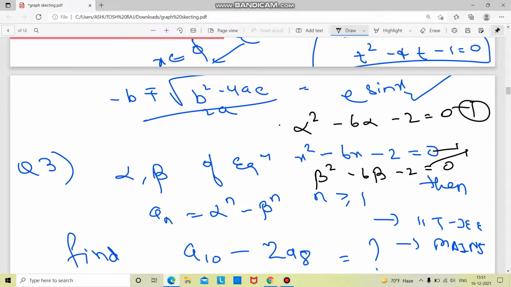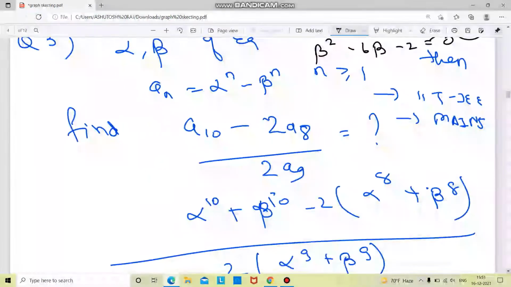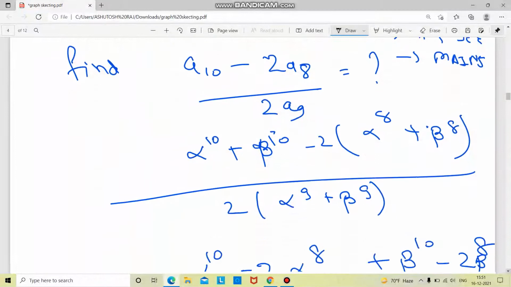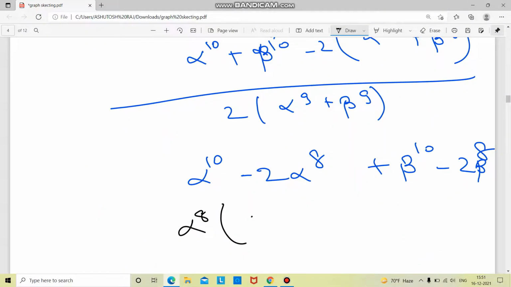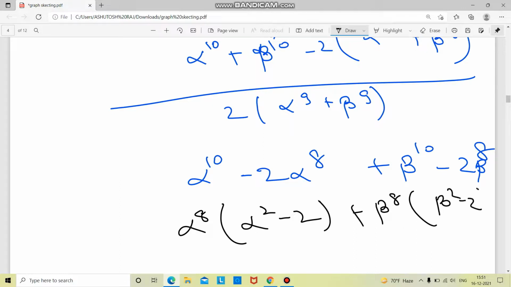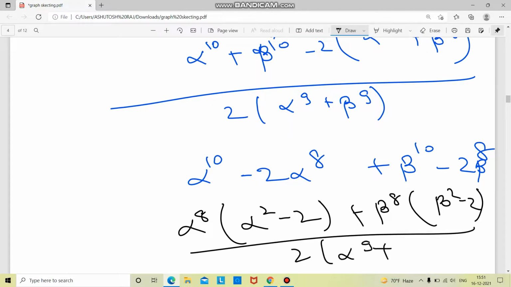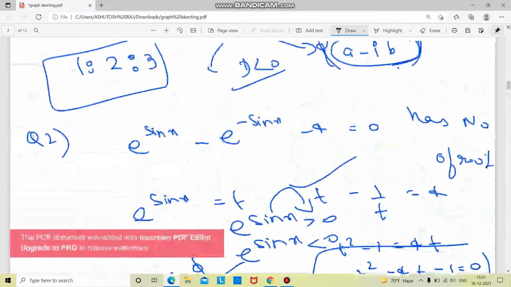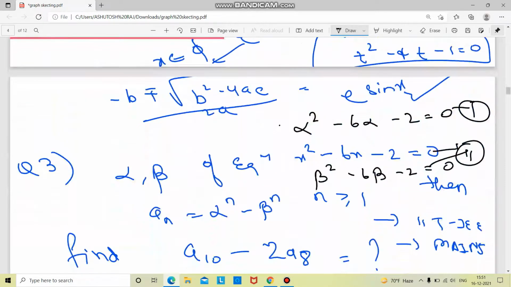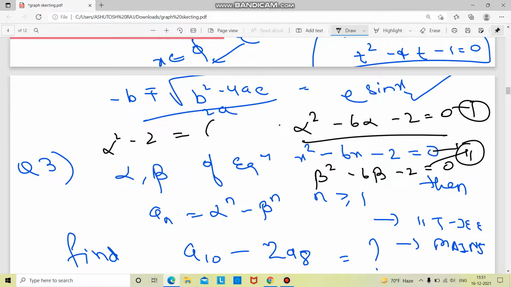We will use these two equations to proceed further. Now we have alpha to the power 8 times (alpha square minus 2) plus beta to the power 8 times (beta square minus 2), by 2 times (alpha to the power 9 plus beta to the power 9). Now alpha square minus 2 is equal to 6 alpha, and beta square minus 2 is equal to 6 beta. We will use these values here.